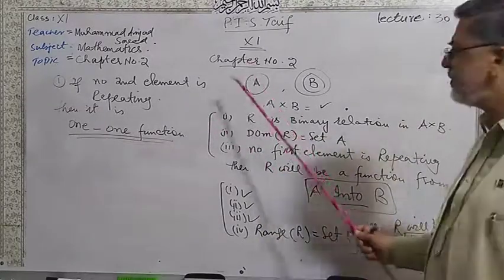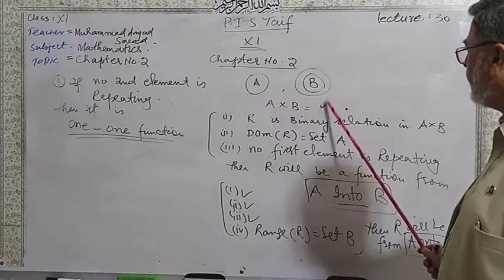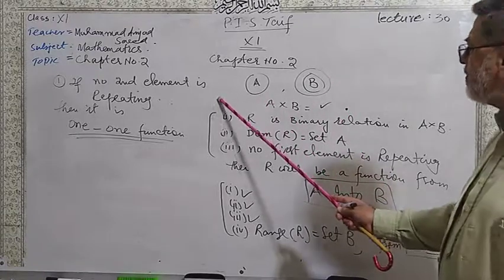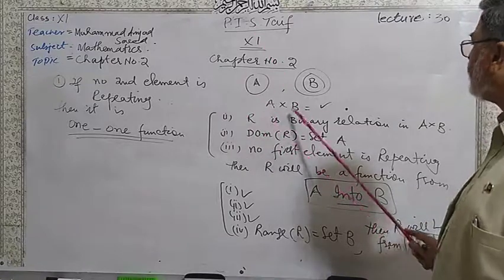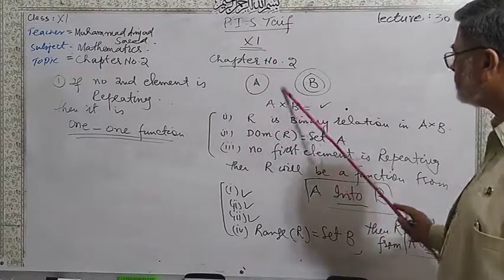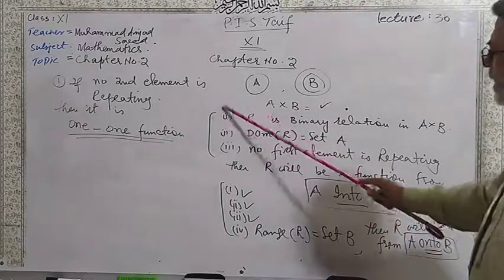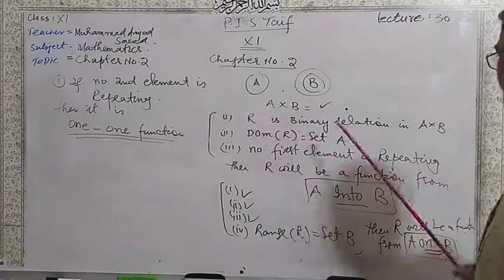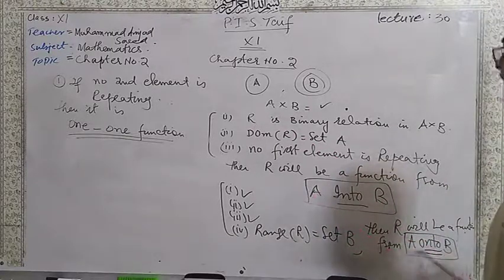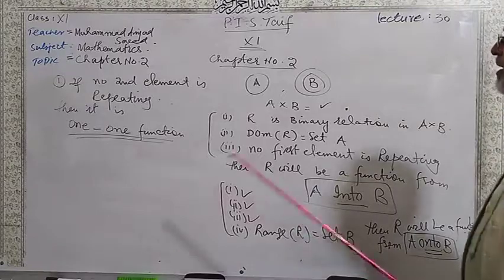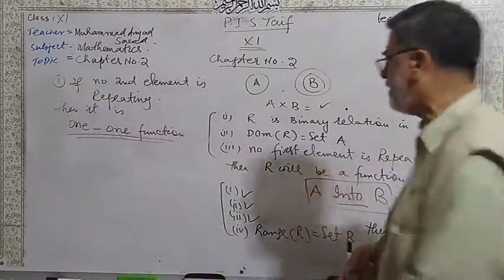In case of 2 sets, first of all you will find A cross B. R will be given to you. Then you will check that R is present in A cross B. The domain of R is set A, no first element is repeating. 3 conditions satisfied, it is an into function. 4 conditions satisfied, this is an onto function. If no second element is repeating, then it is a one-to-one function.